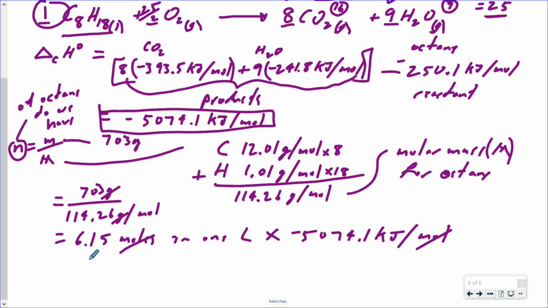Moles cancel out. We're left with kilojoules. And that number does work out to negative 31,219 kilojoules in 1 liter of octane.